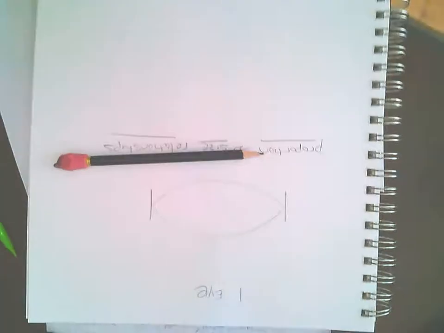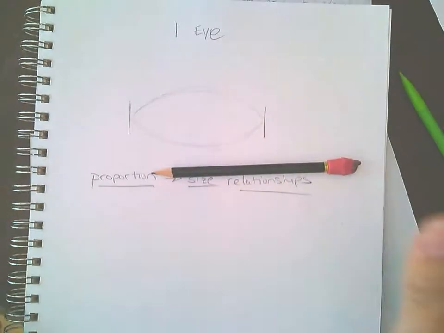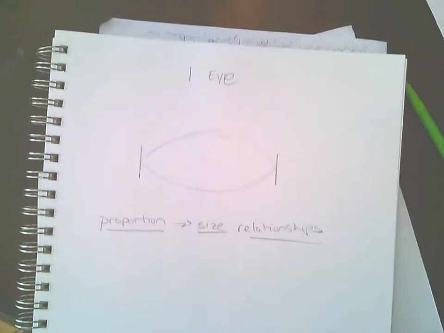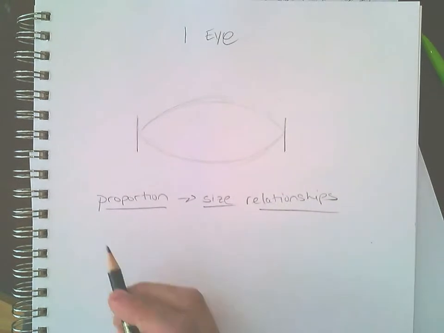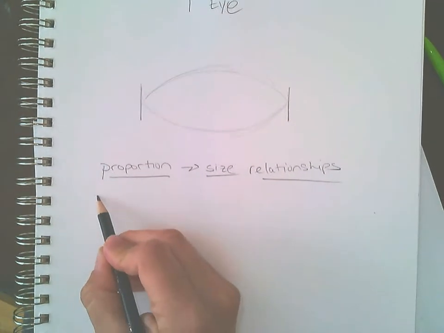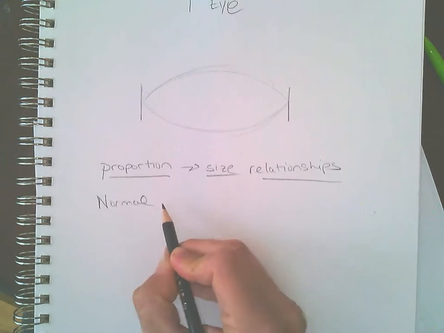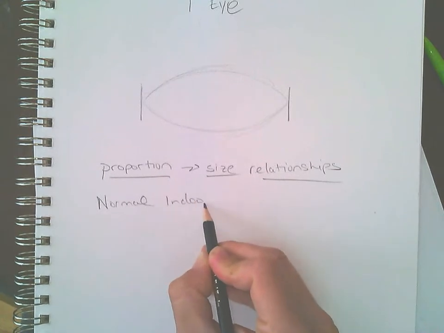Okay, so there's a lot that you need to understand when it comes to size relationships in your eye. When we talk about iris and pupil, I wanted you to understand what an iris did and what a pupil did. So first, normal indoor light.